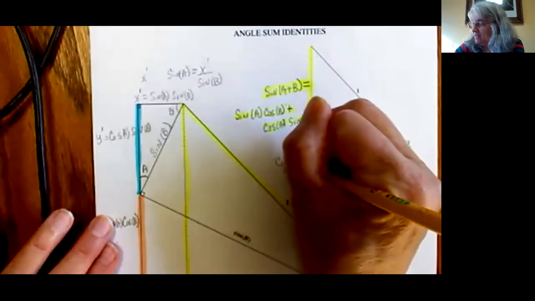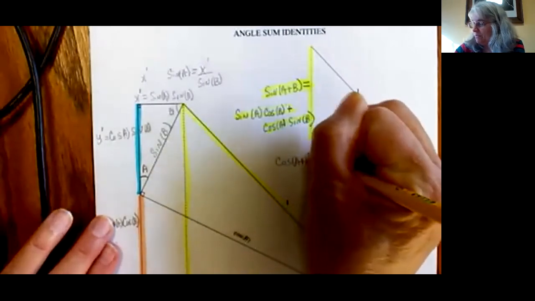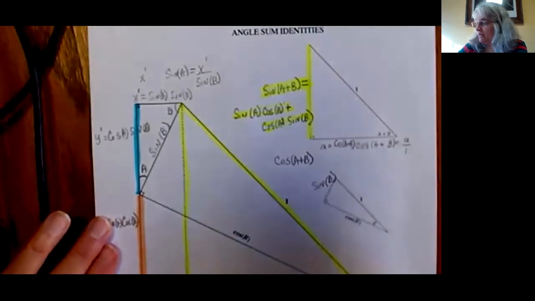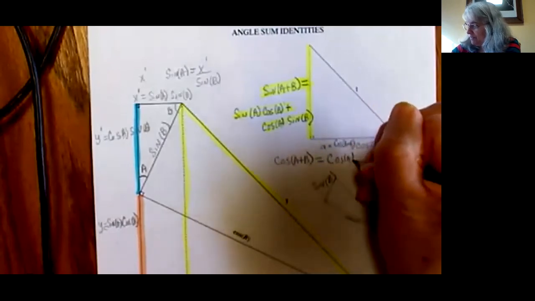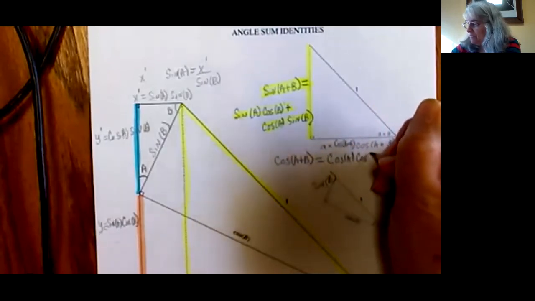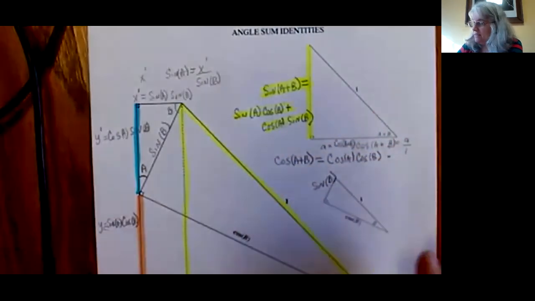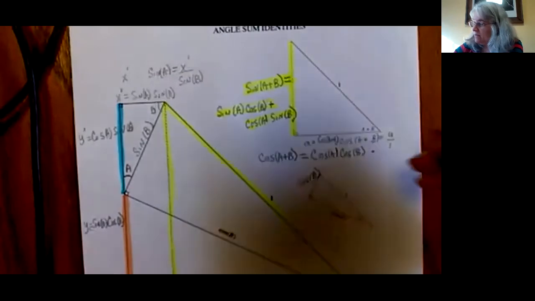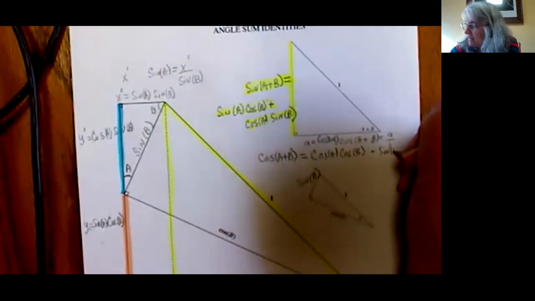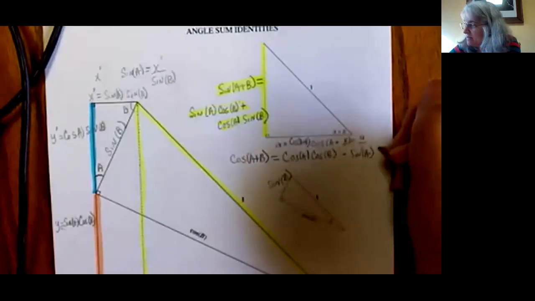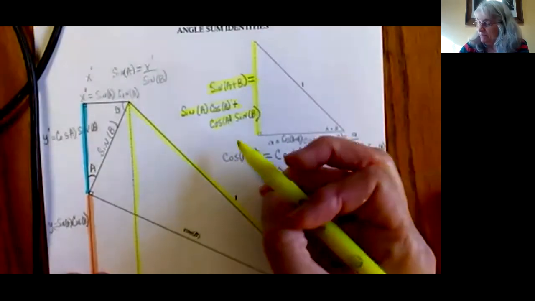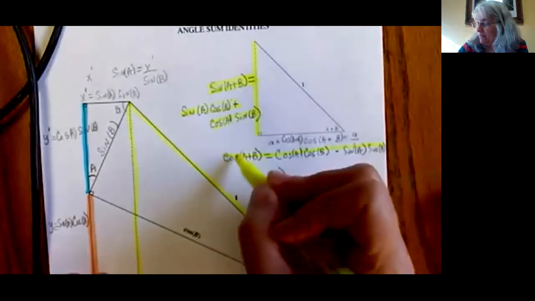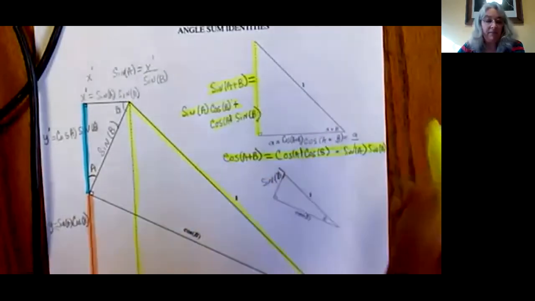Cosine of A plus B is going to equal cosine of A times cosine of B minus sine of A, sine of B. Right? There is your other angle sum identity. Okay, those are the two formulas right there. I'll underline them.